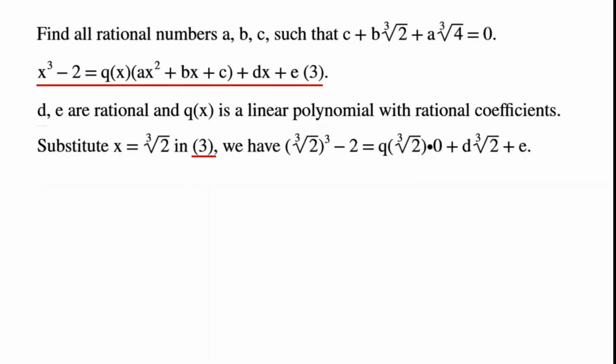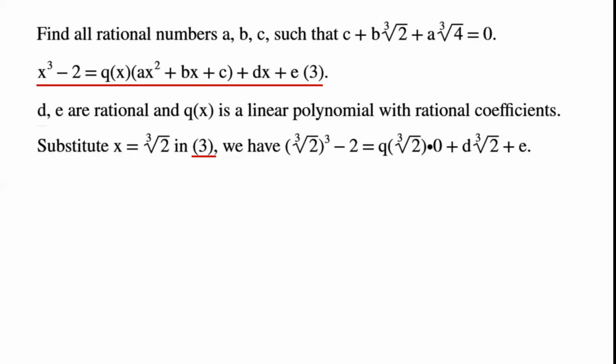Substitute x equals the cube root of 2 in identity 3. We have the cube root of 2 all cubed minus 2 equals q of the cube root of 2 times 0 plus d times the cube root of 2 plus e.